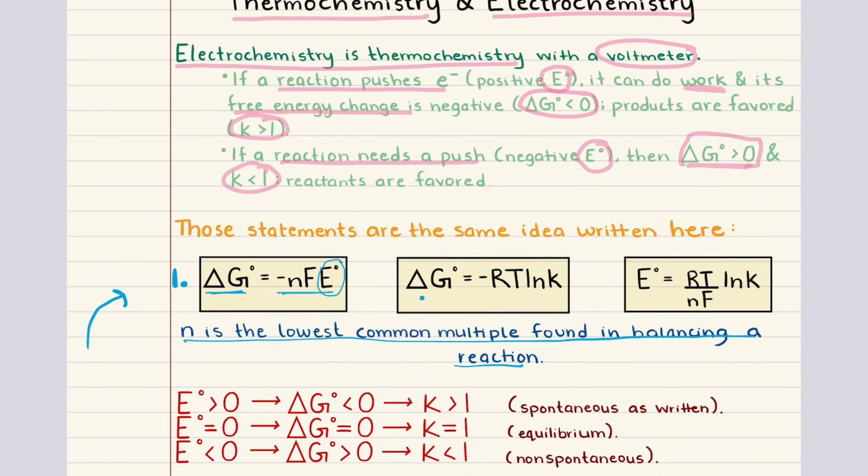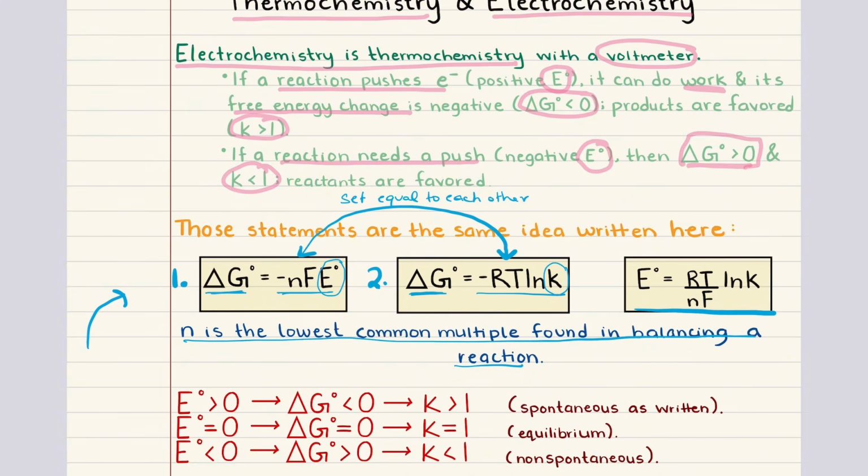The second relationship is delta G naught equals negative RT times the natural log of K, which links free energy to the equilibrium constant. And because these 2 equations both describe delta G naught, we can combine them to arrive at E naught equals RT divided by NF times the natural log of K. This lets us go back and forth between voltage, free energy, and equilibrium.